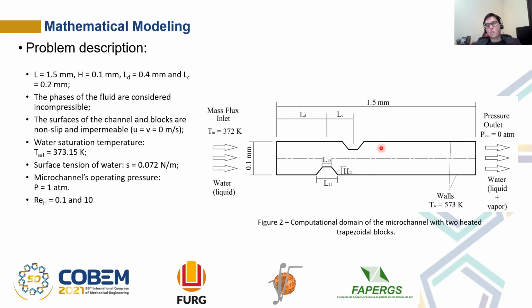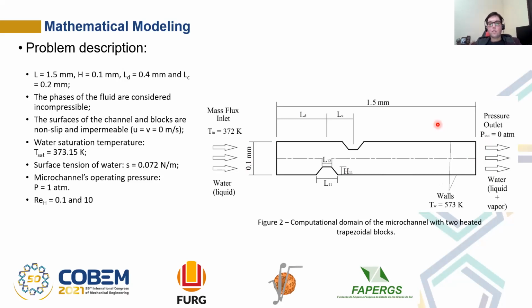Both the lower and the upper walls have a temperature of 573 Kelvin. In that way, the water that enters the microchannel exits in a liquid plus vapor state.